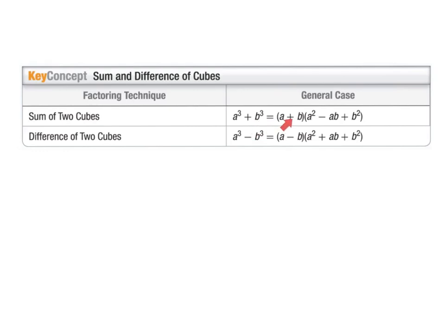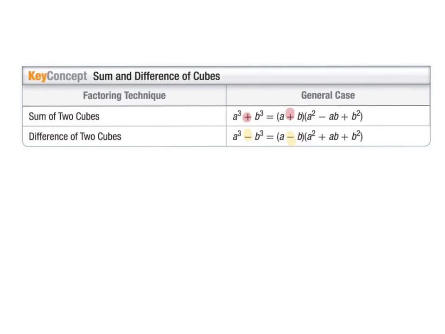The first binomial is always the cube roots of each of these, and the sign matches up. So this binomial sign and that binomial sign will always be the same. Same with those. Those will be the same sign as each other every time. And the last sign for the b squared is always positive.